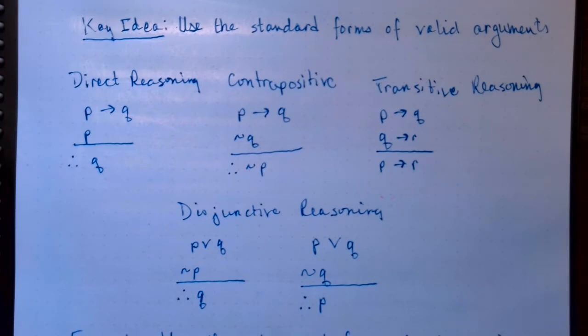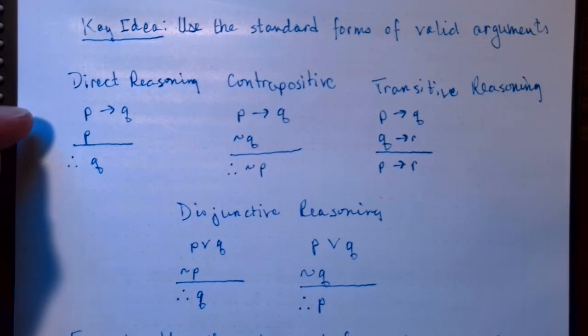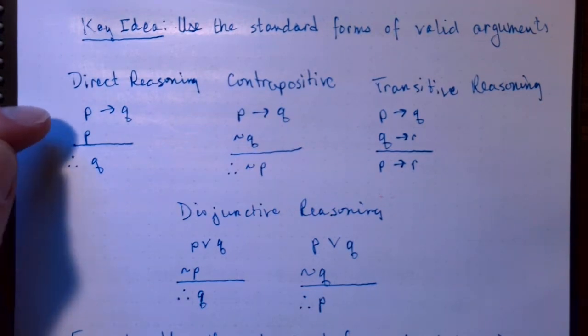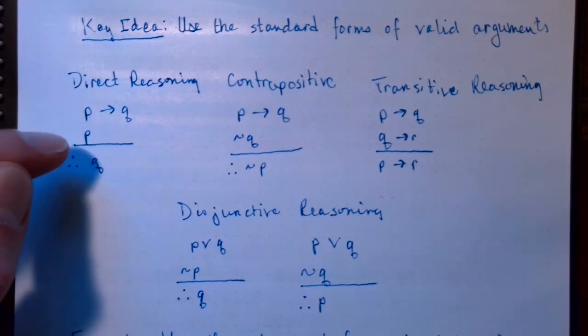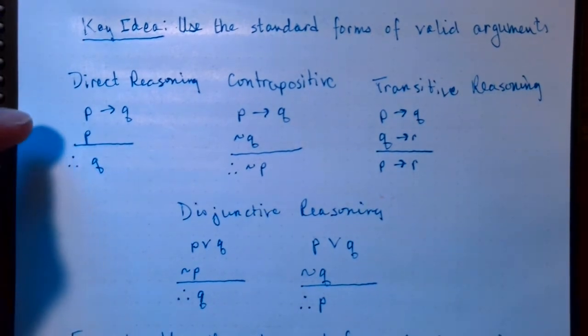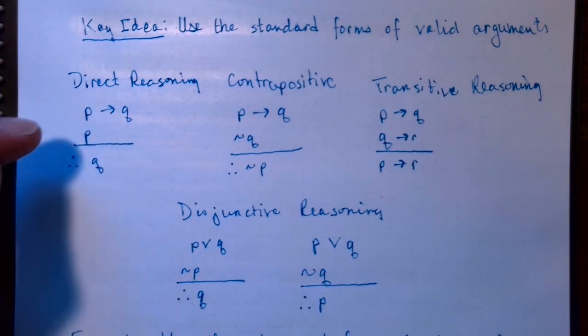Okay, so here we have 4 types of arguments that recur over and over again, and if you see these forms, you can know they are valid forms of reasoning. We have direct reasoning if your premises are P implies Q, P, and the conclusion is Q. If we think of a concrete example, if it's raining, then the grass gets wet.